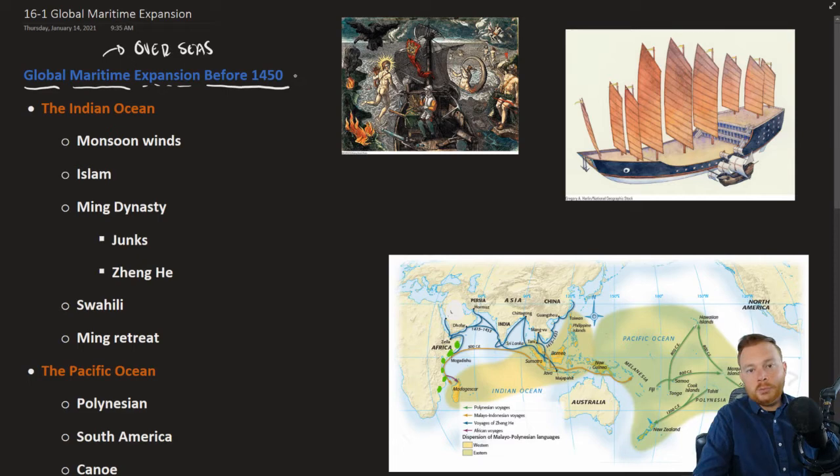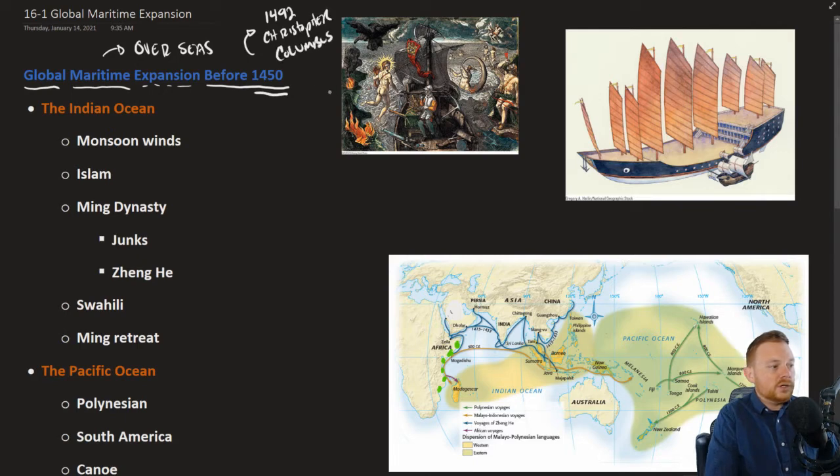So around the globe, what did overseas exploration look like prior to 1450? And the reason why 1450 is significant is because it's loosely tied to the year 1492, which is the voyage of Christopher Columbus.